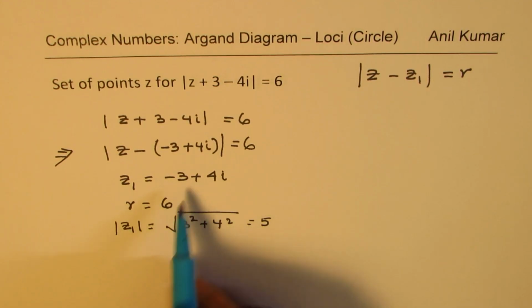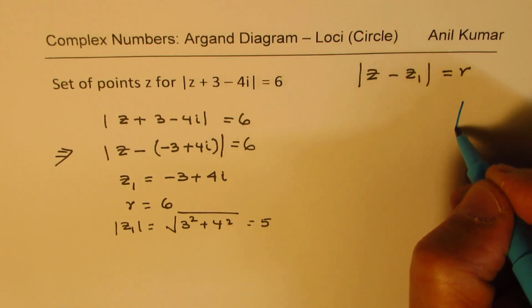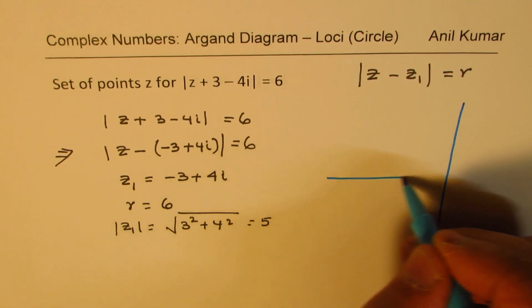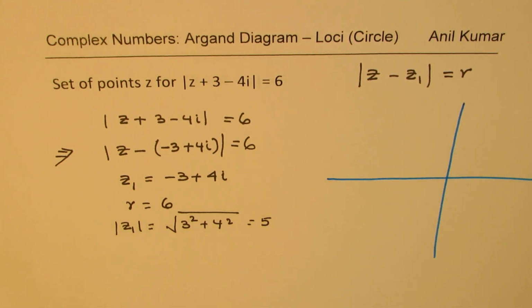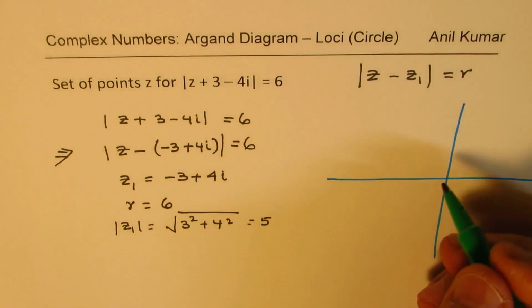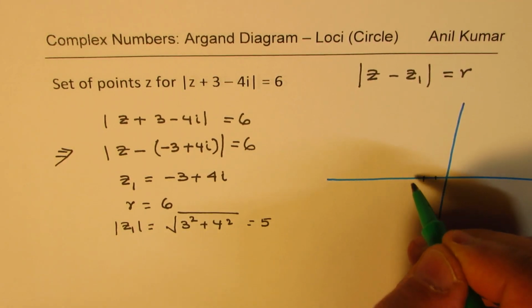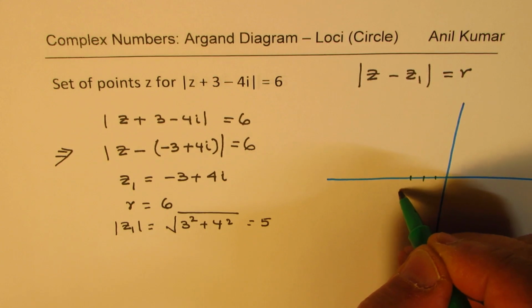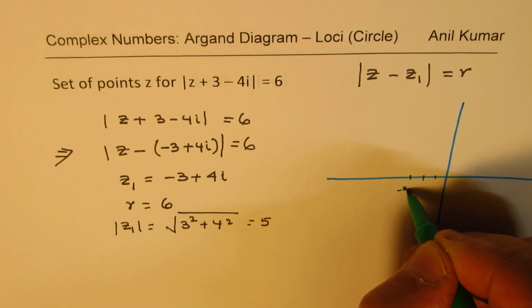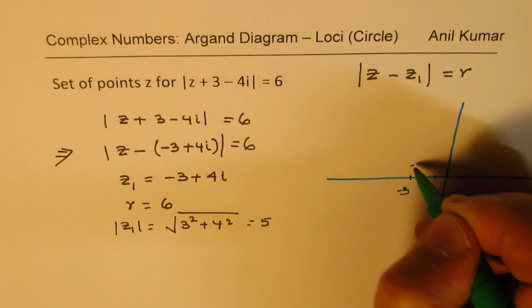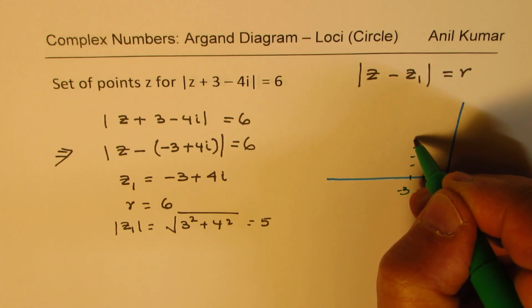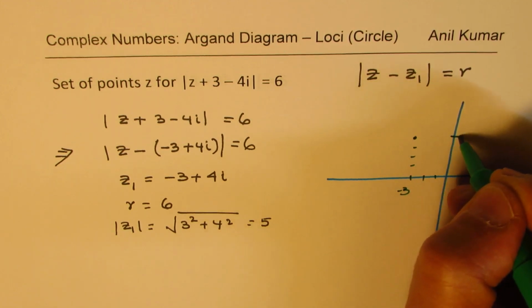So as you can see here, we have shifted our center to a point on the left side. So it is -3, 4i. We'll go 1, 2, 3. That is a minus 3. And then 4i means 1, 2, 3, 4. So that becomes 4i.